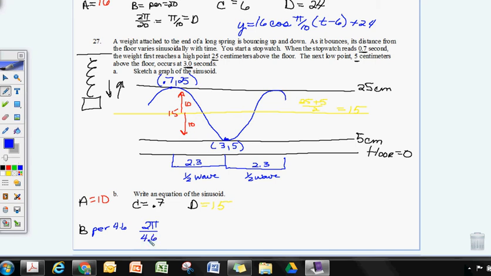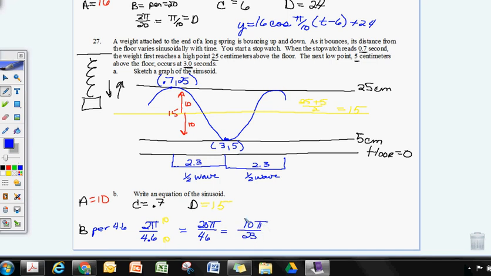And here's where we get into some math things. Are decimals allowed in fractions? No. So what are we going to do? We're going to multiply each by top and bottom by 10. And I'm going to get 20 pi over 46, which now I can reduce at least to 10 pi over 23.